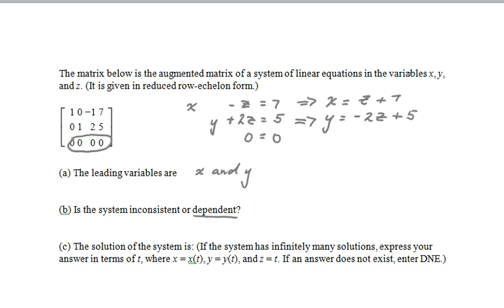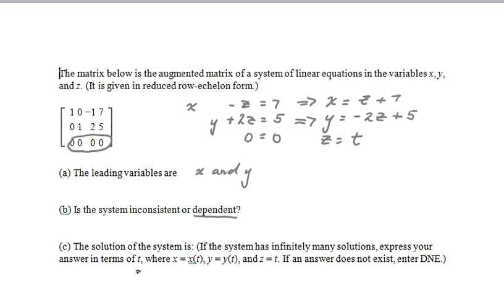Now we're asked to use t as a parameter for z, and so we also let z equal t, where t can equal any real number.